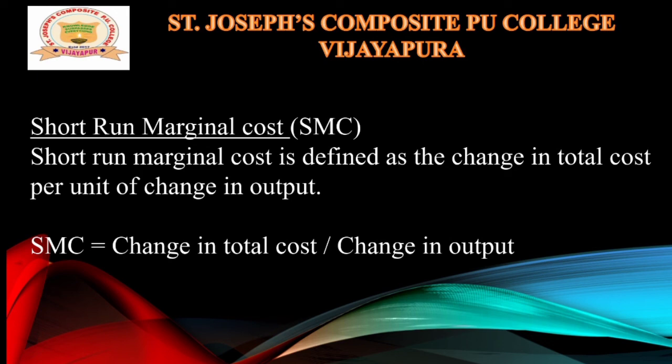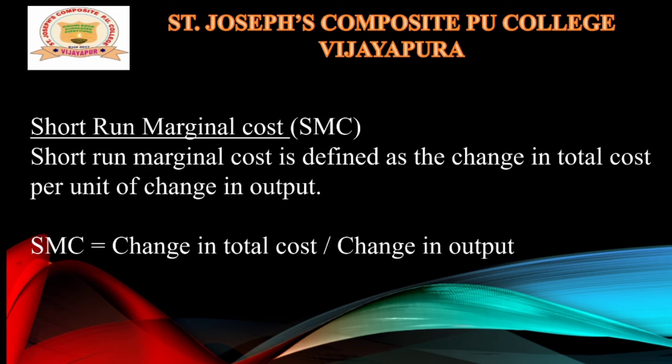Or we can say the cost of producing an extra or additional unit of a commodity is marginal cost. Or again, it is the addition to the total cost by the production of an additional unit of commodity, that is SMC, the short run marginal cost.